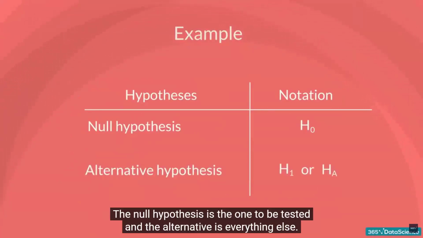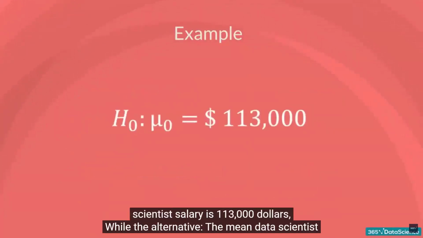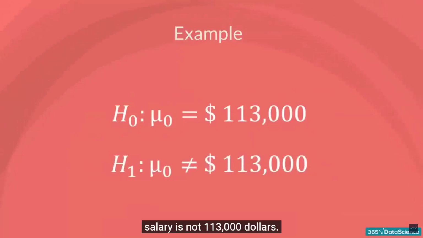The null hypothesis is the one to be tested, and the alternative is everything else. In our example, the null hypothesis would be: the mean data scientist salary is $113,000, while the alternative, the mean data scientist salary is not $113,000.